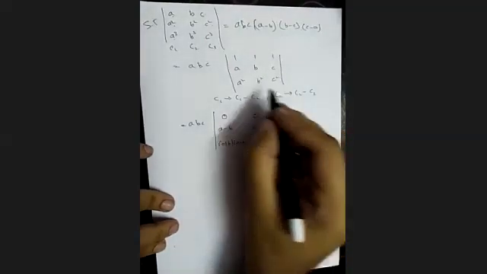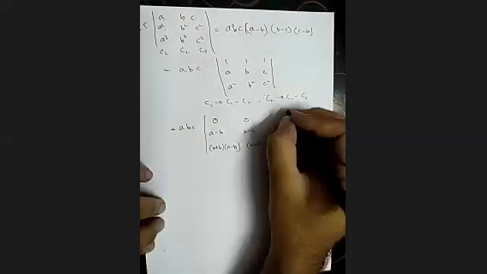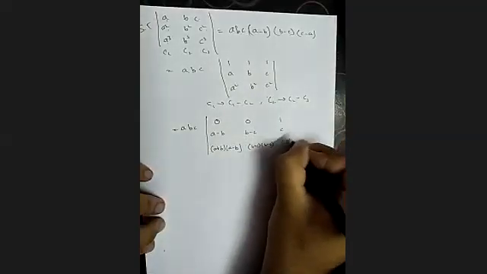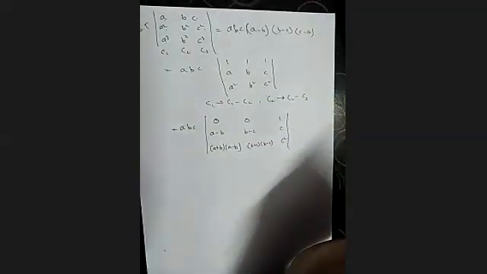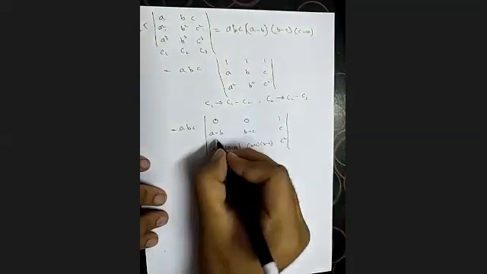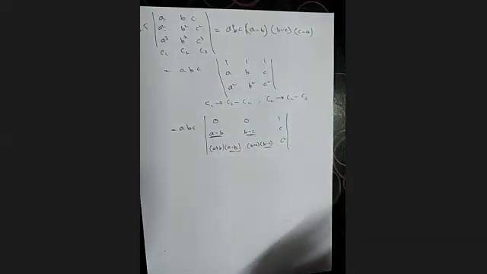I'm writing directly: a square minus b square will be (a plus b) into (a minus b). But I'm writing directly, right? B square minus c square will be (b plus c) into (b minus c). And C3 will be same, 1, c square. Now from this we can take a minus b as common, and from this we can take b minus c as common.